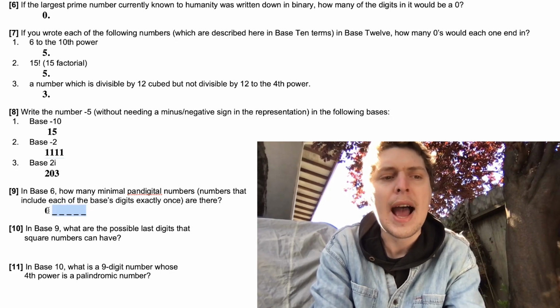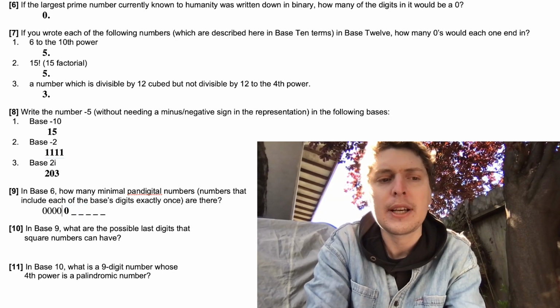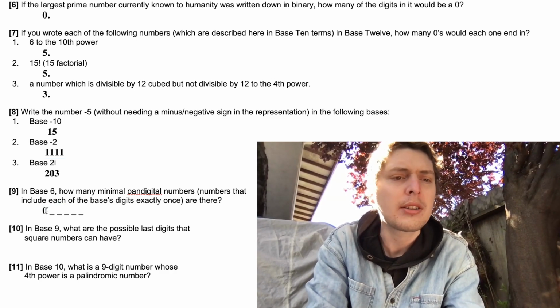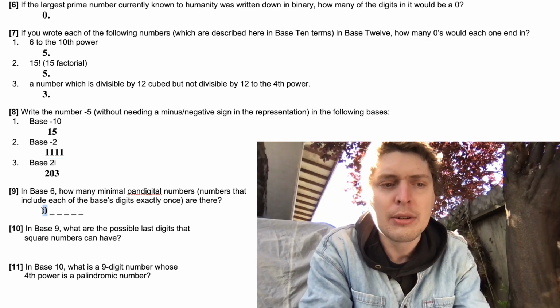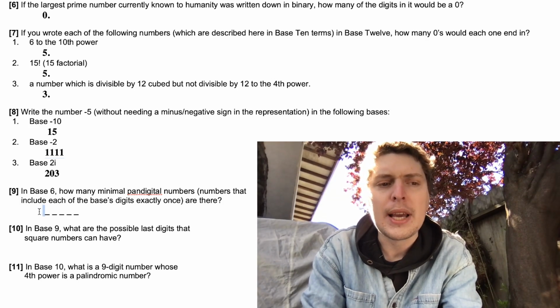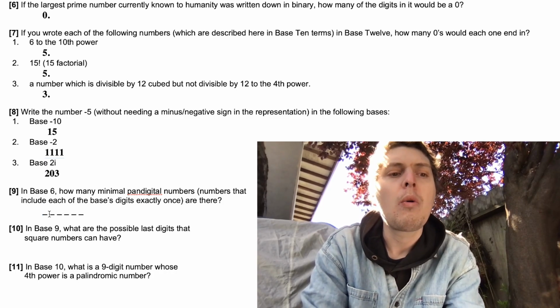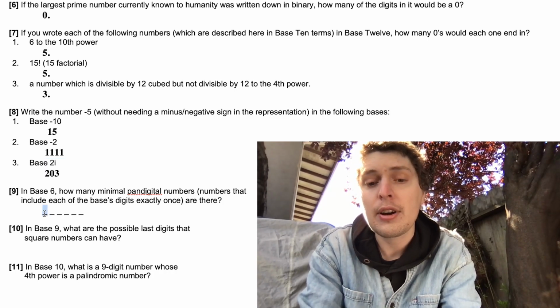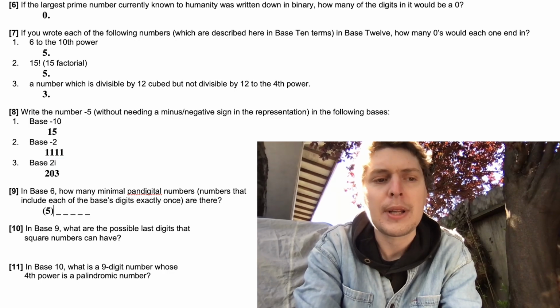If we included that, we'd include all of the infinite leading zeros. So we have to assume with pan-digital numbers, we're not including the infinite amount of leading zeros, and we're just going to need that first place to be one of the digits 1 through 5. So there are 5 options for that first place.